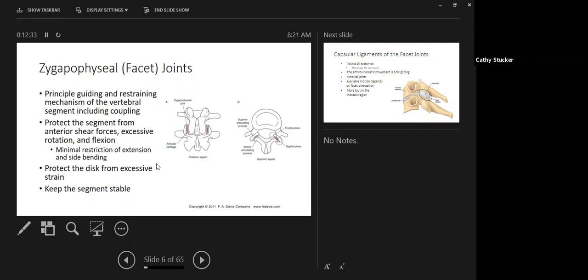So when one vertebrae moves, the one below it and the one above it has to move, right? They're all connected together. Unless you have a totally ruptured capsule or a facet that's completely been severed off, if one vertebrae moves, the one below it and above it have to move too. So we're going to call that coupling in the spine.